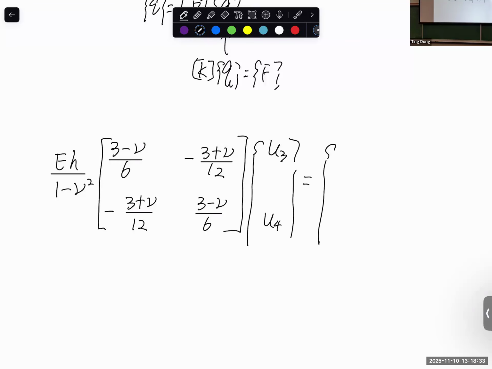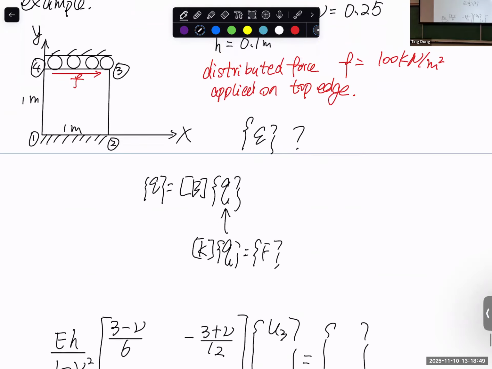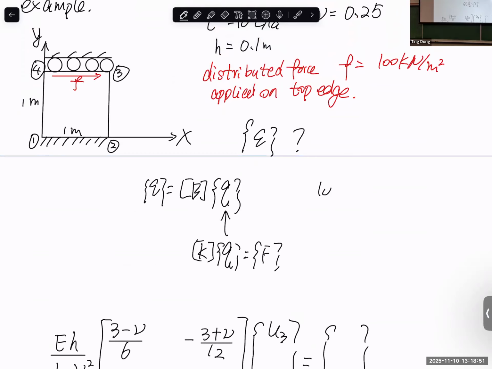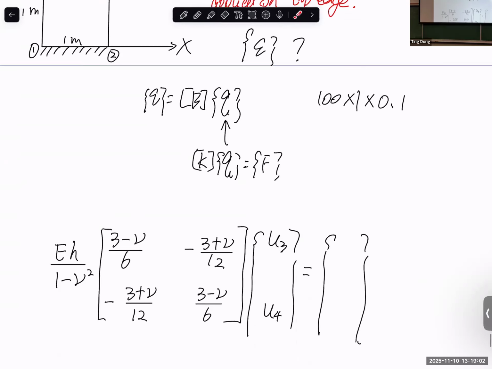And we have a vector with 2 components. What are the 2 components in the force vector? 100 times 1. Yes. But don't forget this is a kilonewton. So if you want to get Pascal, be careful with the unit.